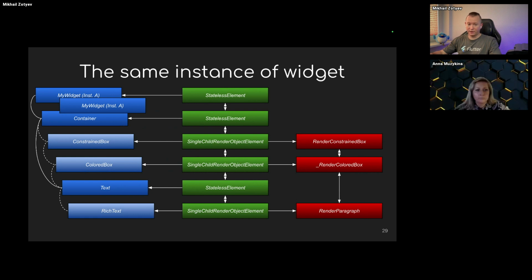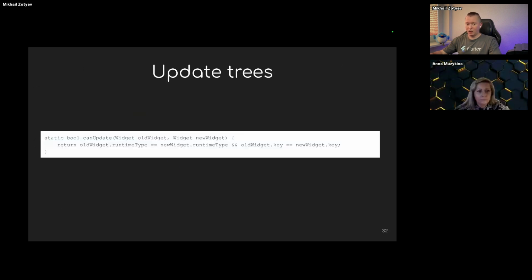So the stateless element checks that the new representation is exactly the same instance as was before. So it's definitely nothing has changed. And because of this, it just updates a link and does not do any work apart from this. But if it's not the same instance of widget, we need to decide can we update or not.